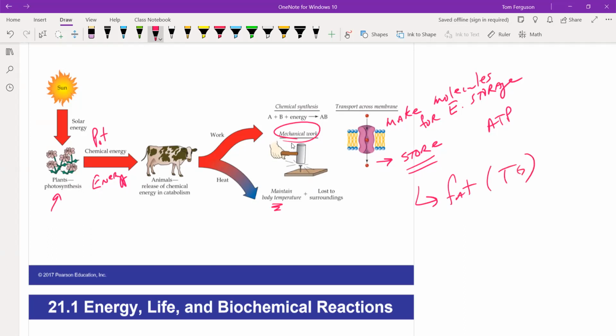It can be stored as carbohydrate in the form of glycogen, and in the form of proteins. Okay, and we utilize first the glycogen, then the fat, then protein, for example if we were starving.